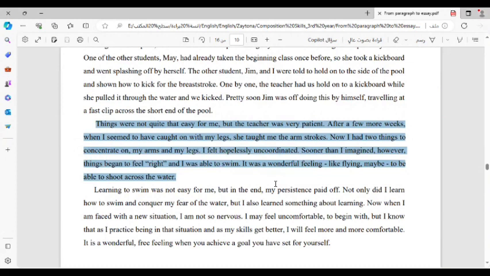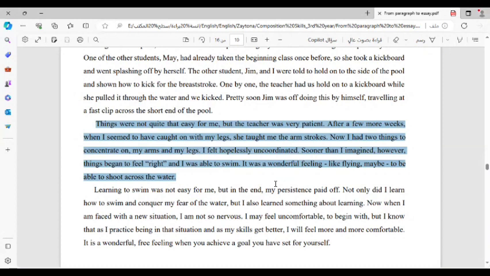Things were not quite that easy for me, but the teacher was very patient. After a few more weeks, when I seemed to have caught on with my legs, she taught me the arm strokes. Now I had to think to concentrate on my arms and my legs.